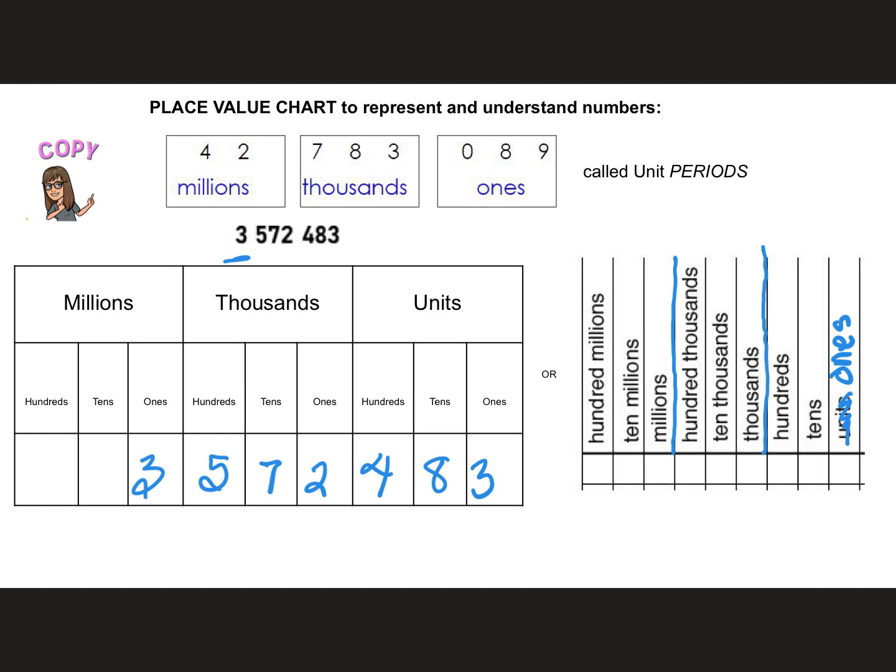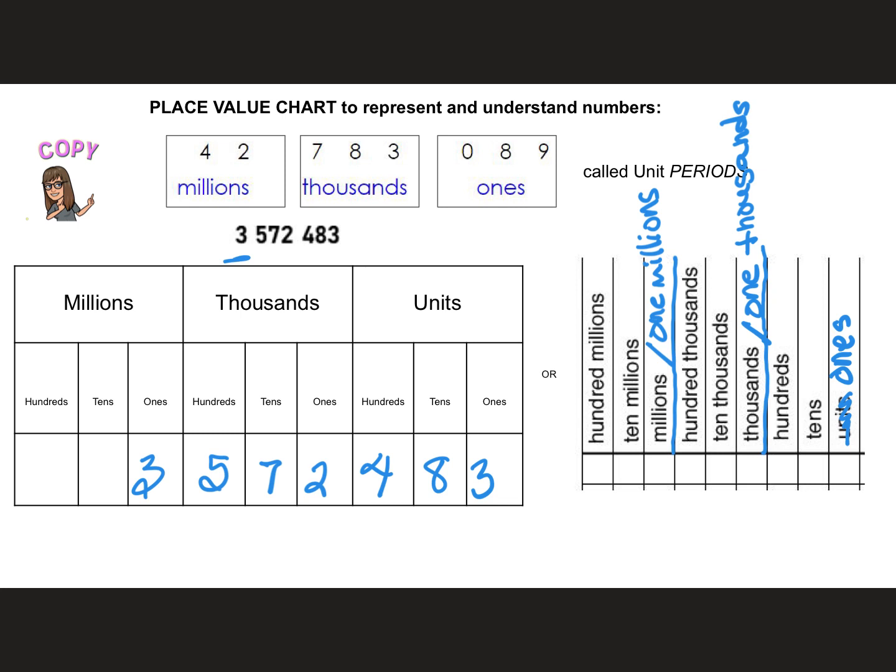So we have the ones, tens, hundreds, the thousands, 10,000s, 100,000s, the millions, the 10 millions, the 100 millions. You could also call this the 1 millions or the 1,000s, just to help you see that ones, tens, hundreds pattern.